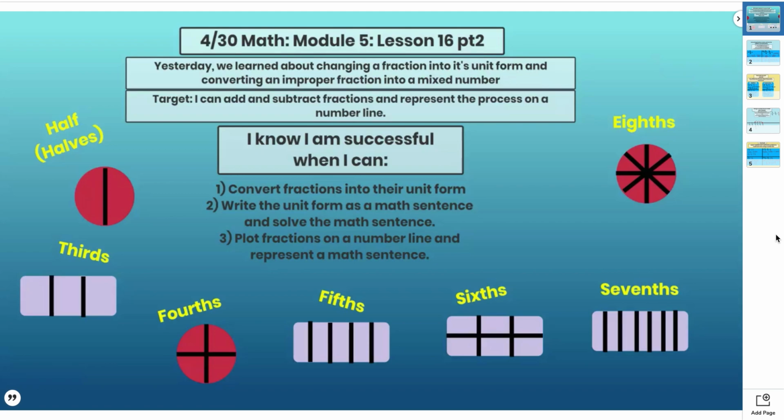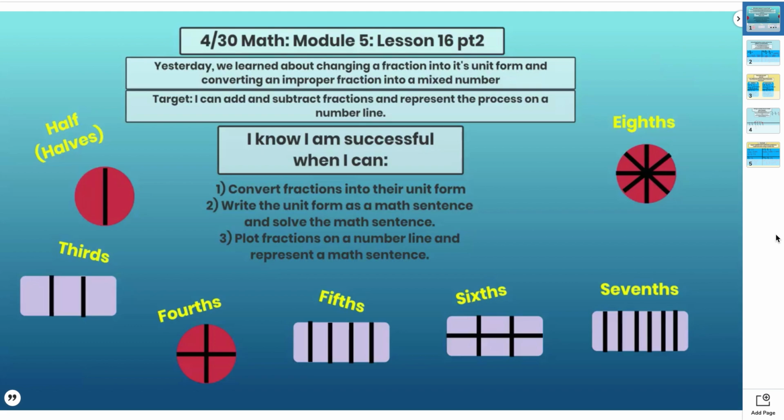Okay, now if you forgot about what the units are, I drew some of the fractions out here on this first slide and wrote down what the units are when they are written down in its unit form.